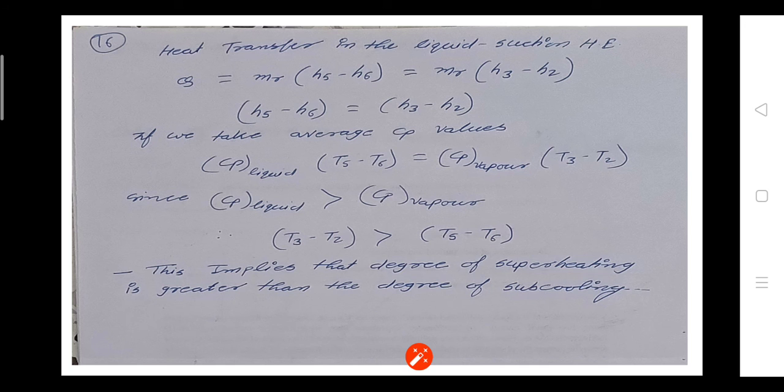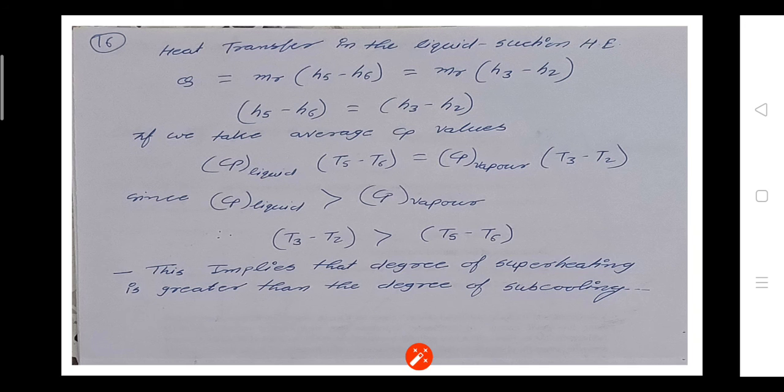If T3 minus T2 is greater than T5 minus T6, we can say on this basis that the degree of superheating is greater than the degree of subcooling. Means with the liquid suction heat exchanger, the amount of superheating done by that heat exchanger is greater than the amount of subcooling.